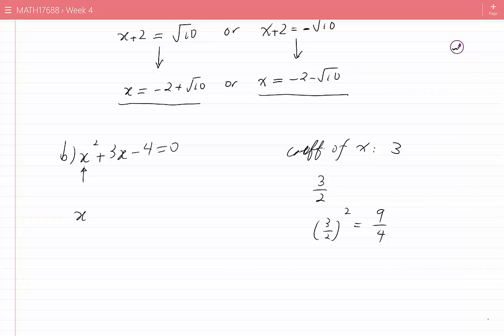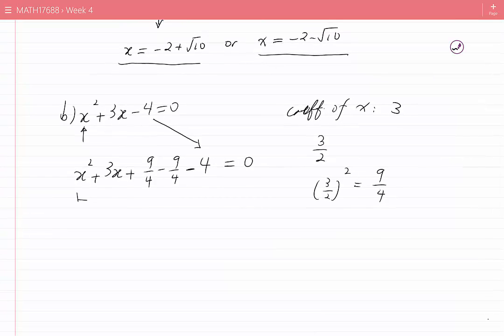On the left hand side, after 3x, add 9 by 4 and subtract 9 by 4, which will not affect the quantity on the left hand side. Now add a minus 4, which existed in the original equation, and then you're going to have that equal to 0. The first 3 terms would give you a complete square, which is (x plus 3 by 2) squared.